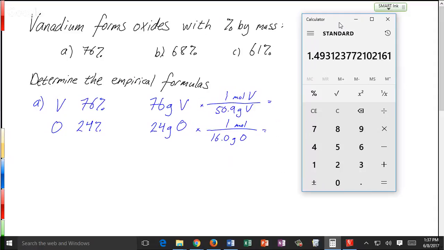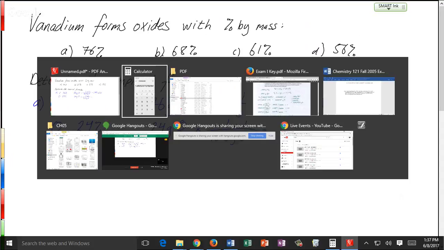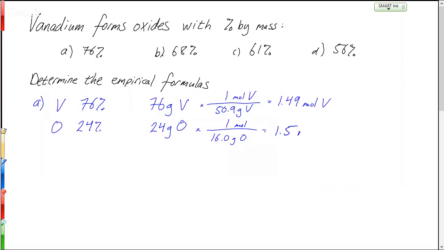So that's 1.49. And 24 divided by 16 is 1.5 for oxygen. So what's that formula going to be? It's going to be 1 to 1. So we divide each by the smallest one, and they're both basically the same number. So that's just going to give us VO.